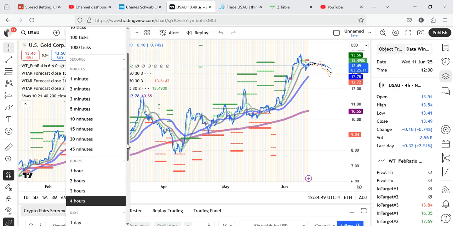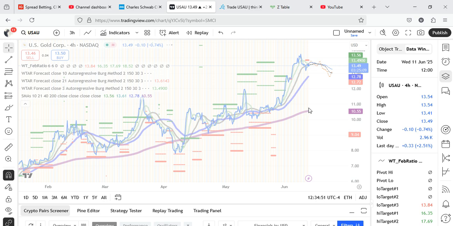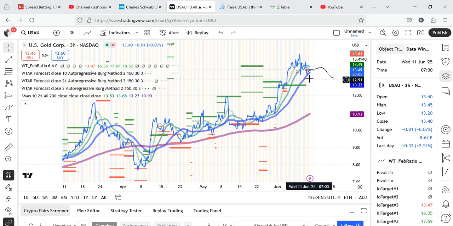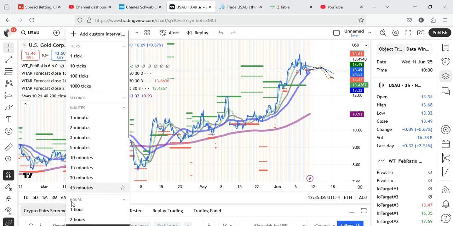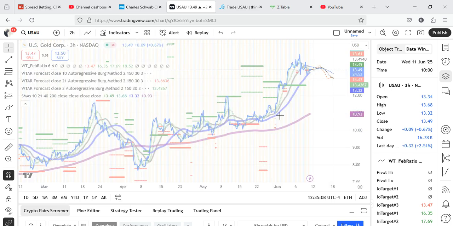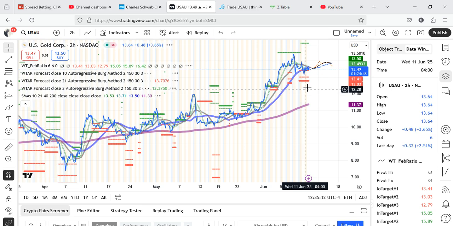Let's have a look at the 3-hour chart. Same distributive contraction and same projections as well, all the way towards 18.52. Let's look at the 2-hour chart. The projections end at 16.42, but the range is between 12.79 and 16.42 for the 2-hour chart.